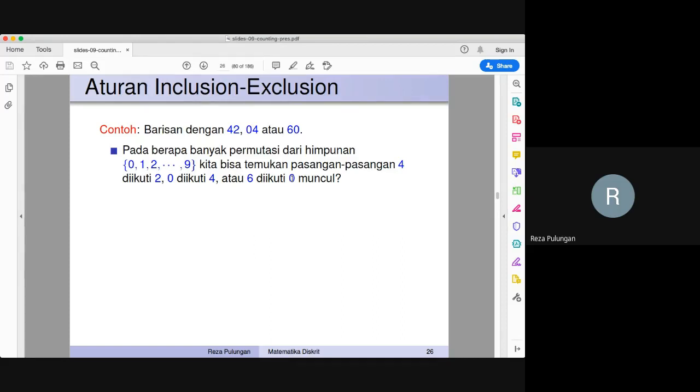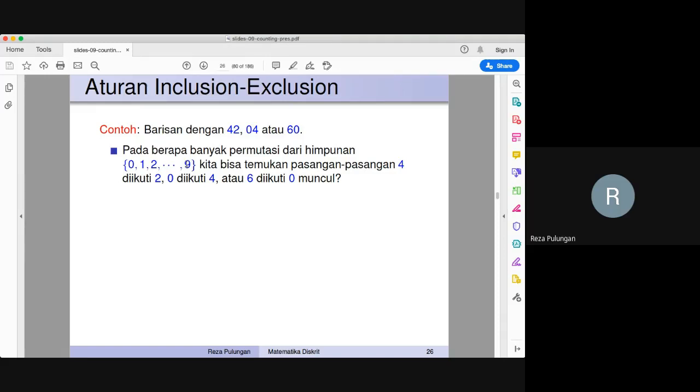What I mean is you have a set here and you can take any permutation you like. How many permutations are there? You know it already. The number of permutations is 10 factorial because there are 10 elements from 0 to 9.